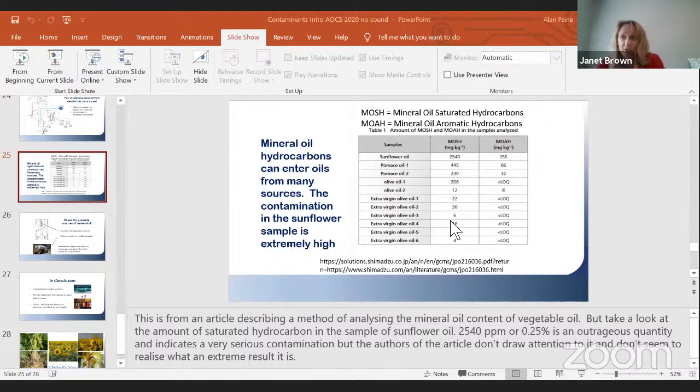Okay, I've got one more question. Can you tell us more about trans isomers and how they can be avoided? Well, trans isomers are formed in the oil by time and temperature. It's primarily a deodorizing issue.